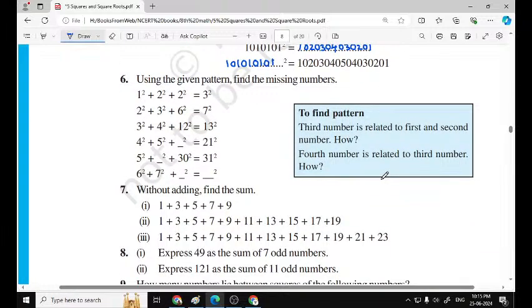Using the given pattern, find the missing numbers. 1 2 square, 2 square, 1 2 3 4 5 6, 2 3 4 5 6, then 2, then 6, then 12.